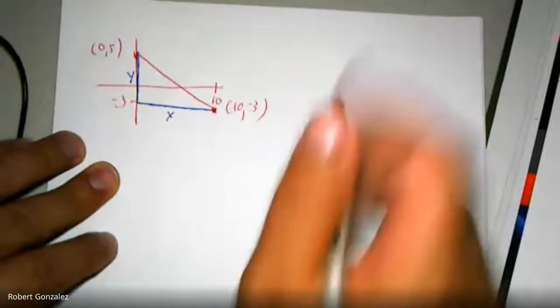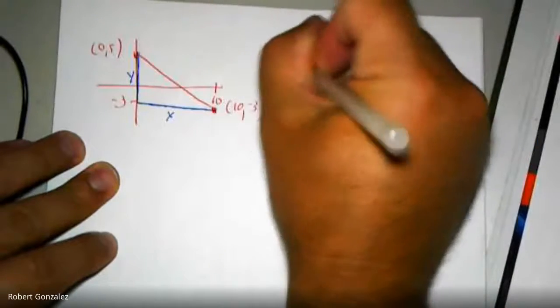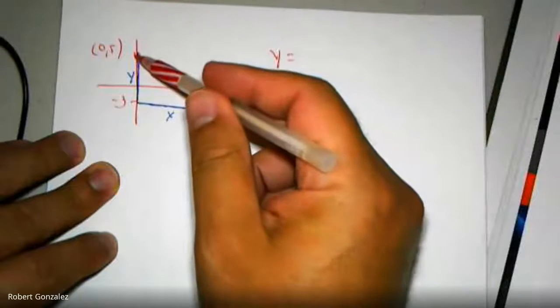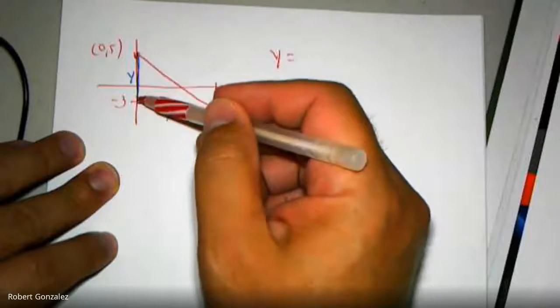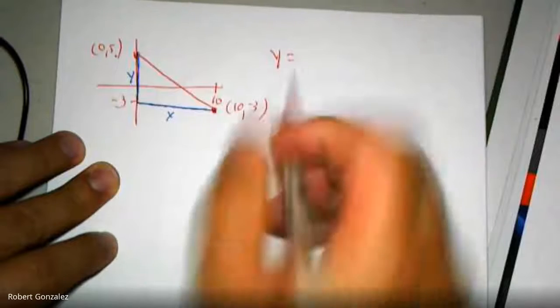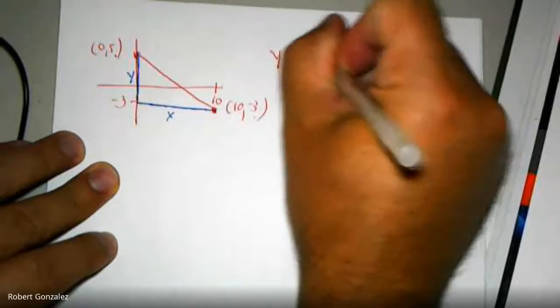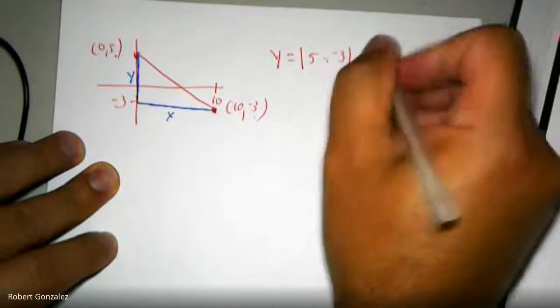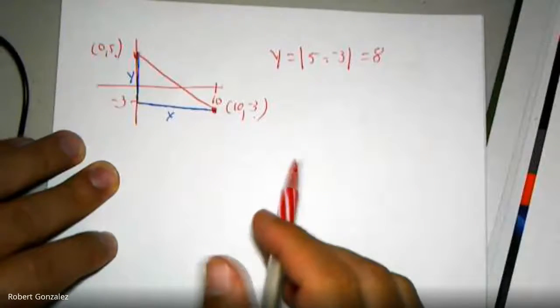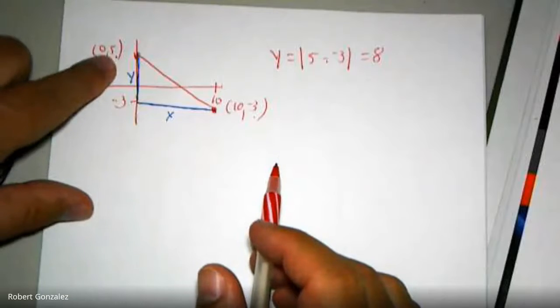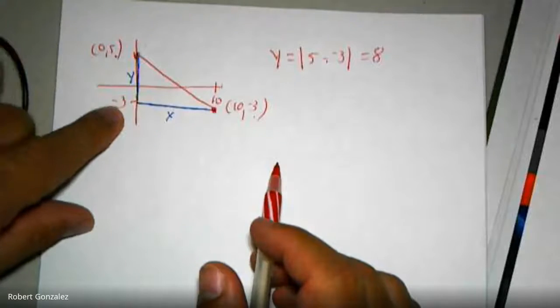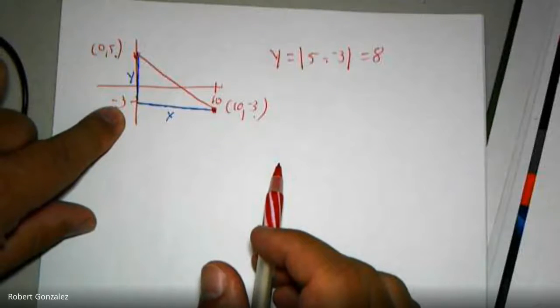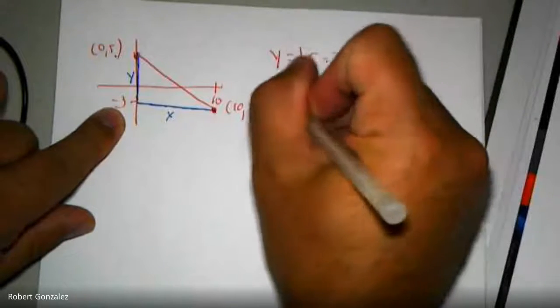So let's find y. Well, y is the distance from the y coordinates. So I just look at the 5 and the -3, and I use my regular linear distance formula, which is the absolute value of the difference. That gives me 8. That makes sense. I went from the 5th floor down to the -3rd floor. I changed 8.